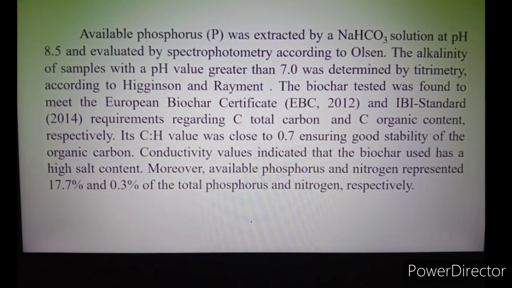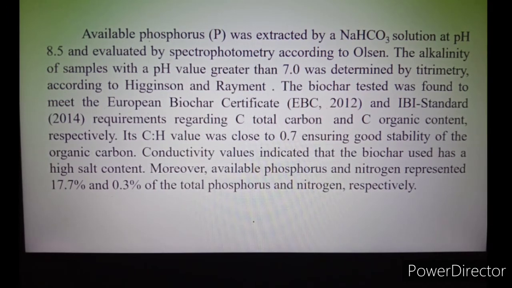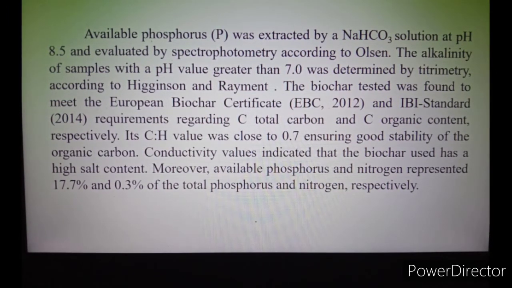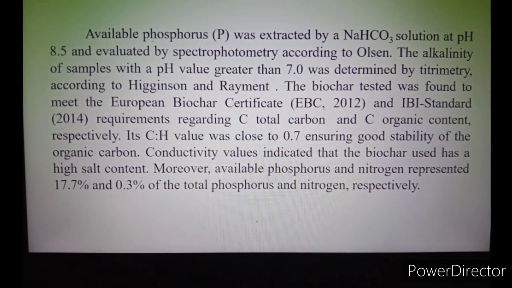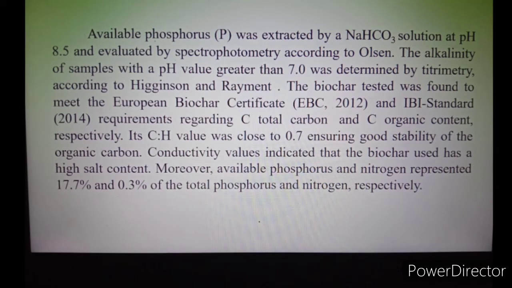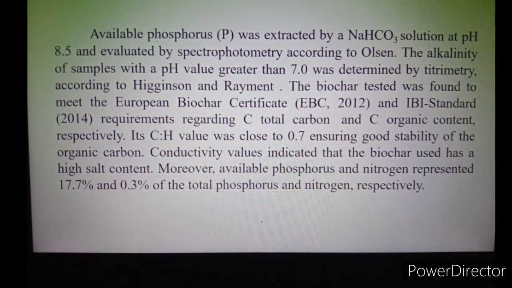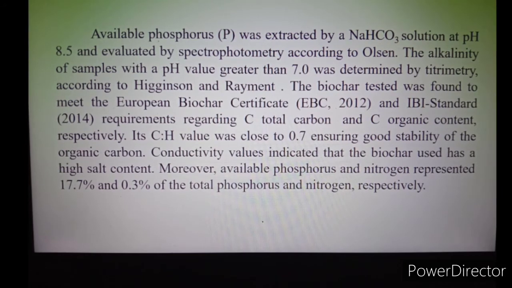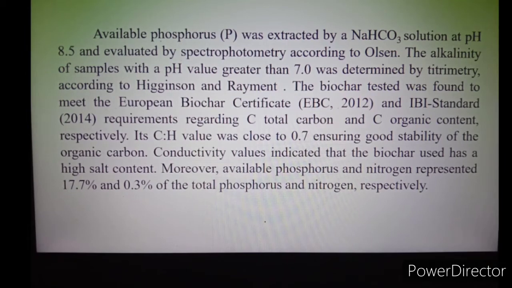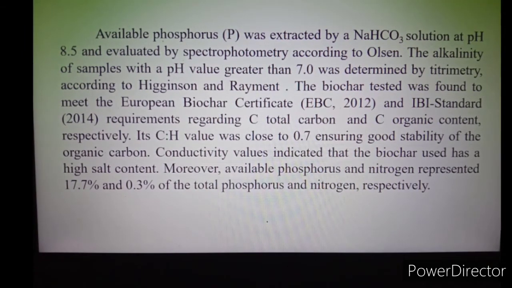The biochar tested was found to meet the European Biochar Certificate EBC 2012 and IBI standard of 2014 requirements regarding total carbon and organic carbon content respectively. Its carbon to hydrogen value was close to 0.7, ensuring good stability of the organic carbon.